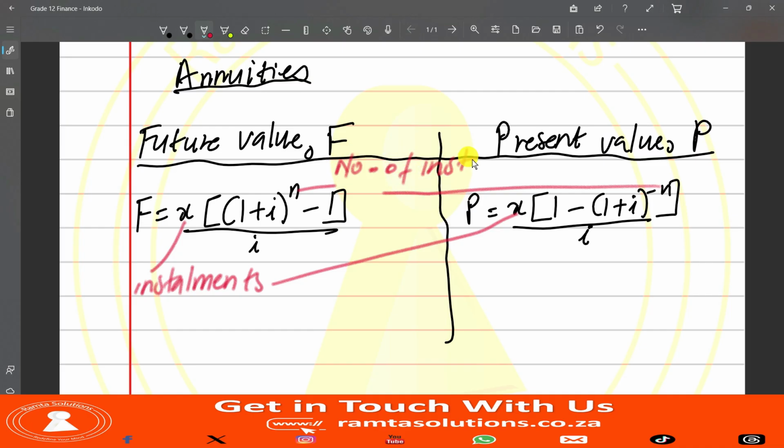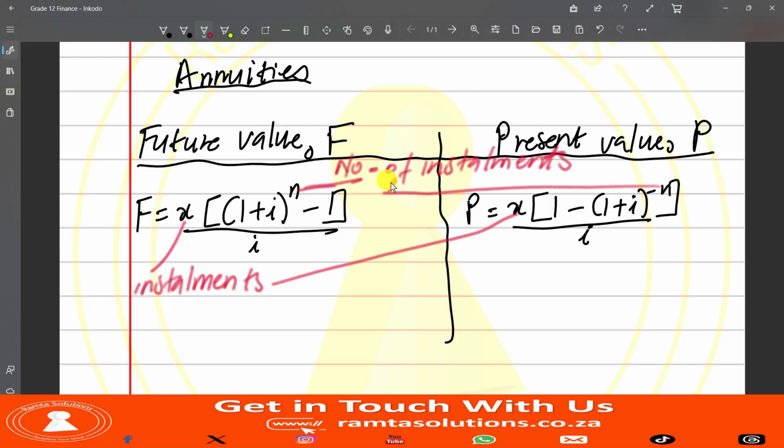I don't want to call them number of years times number of months. I want to call them number of installments. I need you guys to be careful. Of course, you know your i is your interest rate. I'm going to tell you more about this number of installments.